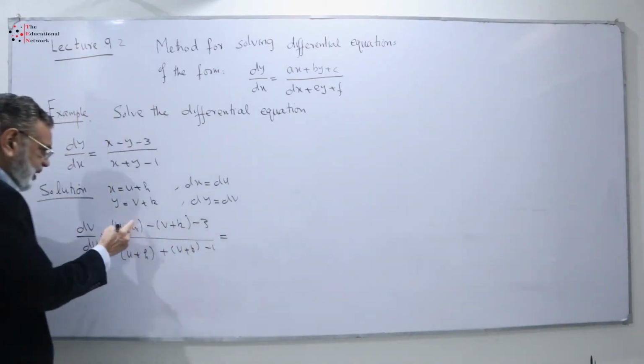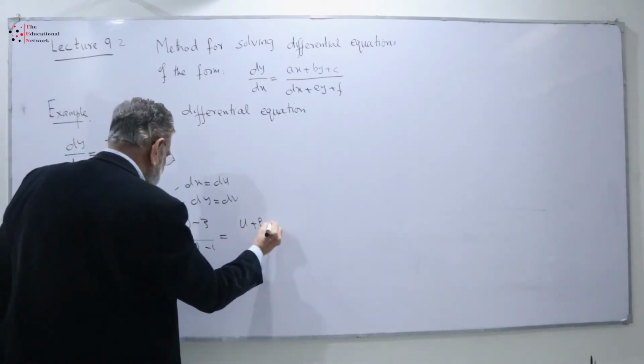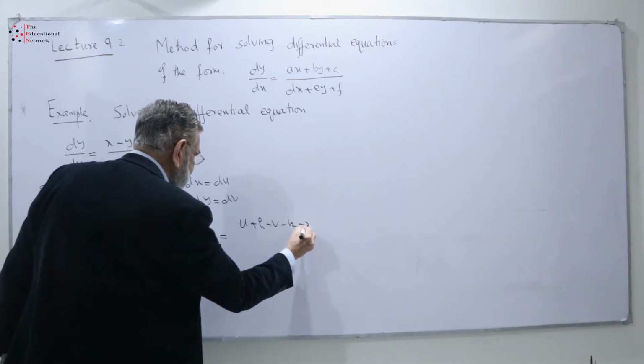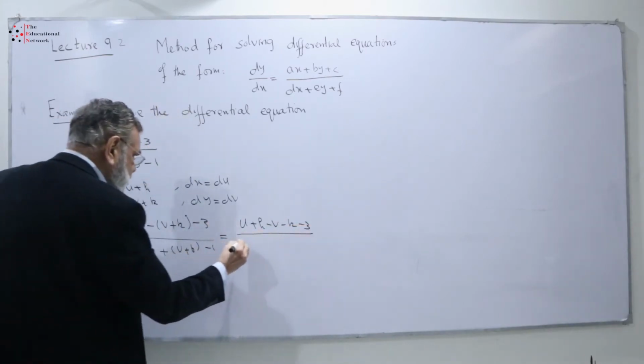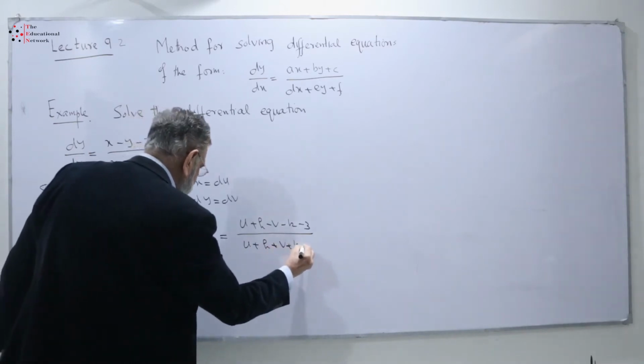I simplify and open this: u + h - v - k - 3 over u + h + v + k - 1.